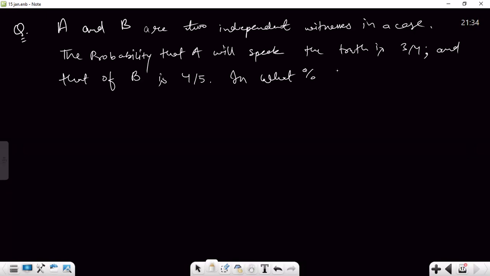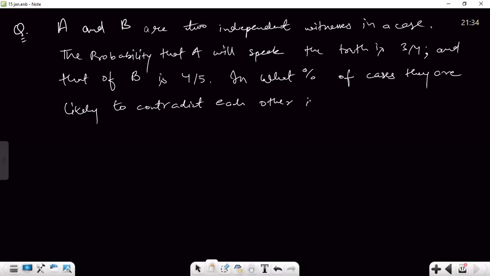In what percentage of cases are they likely to contradict each other in stating the same fact? Is my writing legible? Yes, sir.